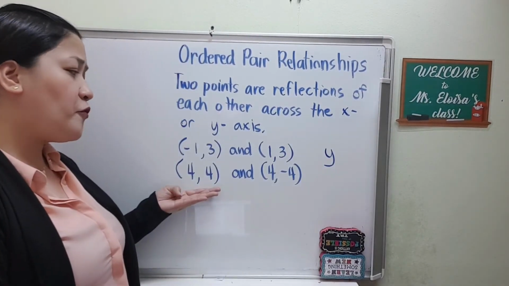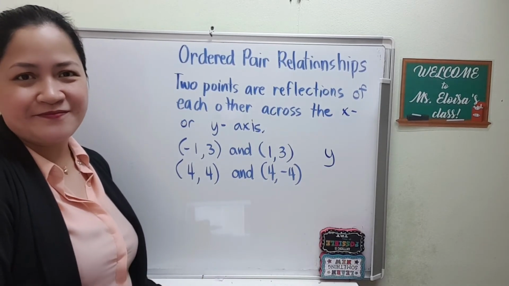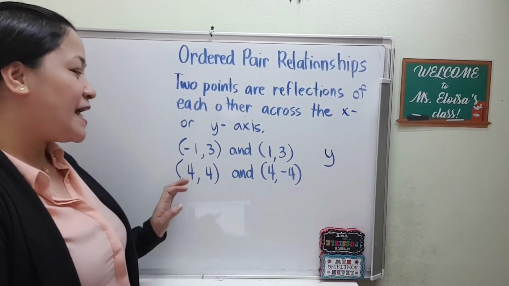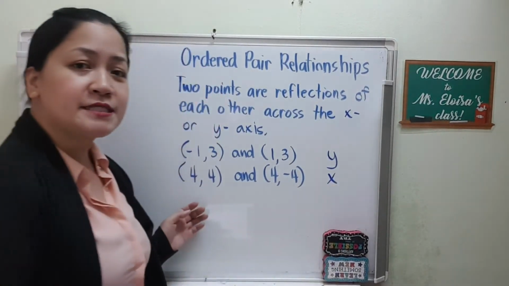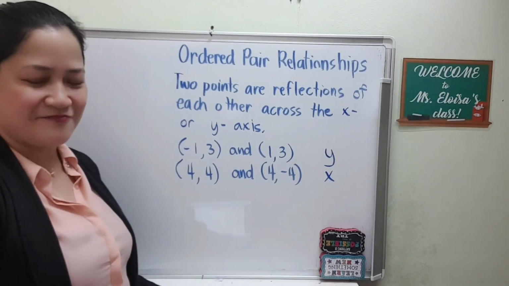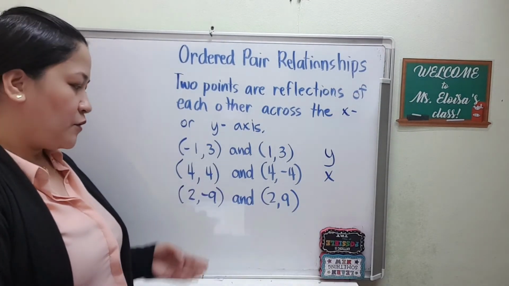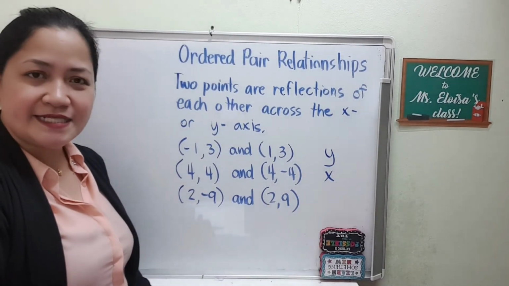How about 4, 4 and 4, negative 4? Which coordinates are the same? That's right. The x-coordinates are the same. That means these points are reflections of each other across the x-axis. How about the third example? We have 2, negative 9 and 2, 9. Which coordinates are the same?